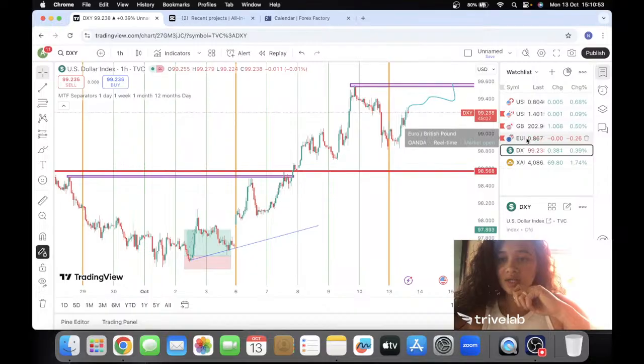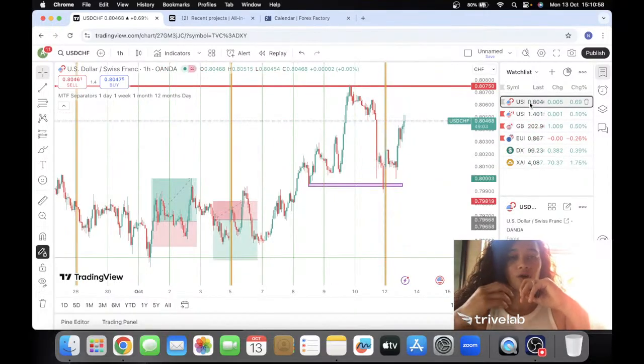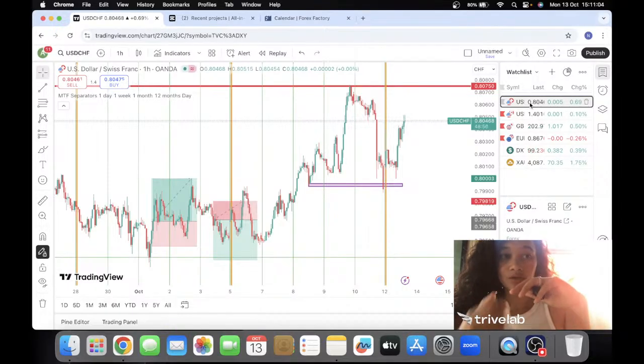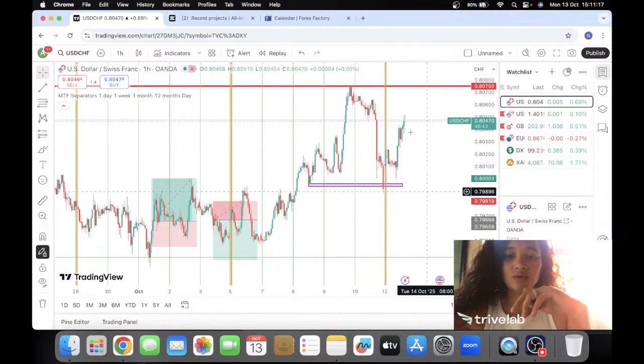Okay, now let's see USD, right? So we already got confirmation of the bias of US dollar. You saw that it's going to continue going further up. Okay, you see CHF, clearly see that it wants to go further up. However, for me, price has already reached and changed that it wants to change direction. So for me, I won't be looking at USD CHF because I would be looking for sell opportunities.